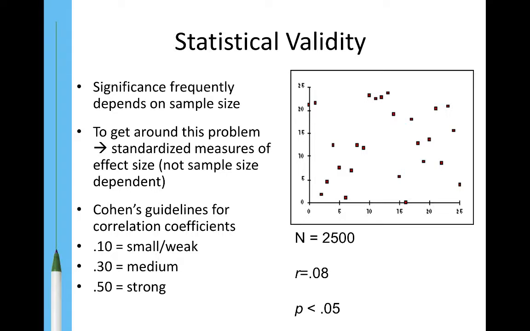All right, significance depends on sample size. One of the responses to that is the effect size. I already told you about the magnitude of effect. One way to quantify the magnitude of effect is the correlation coefficient.